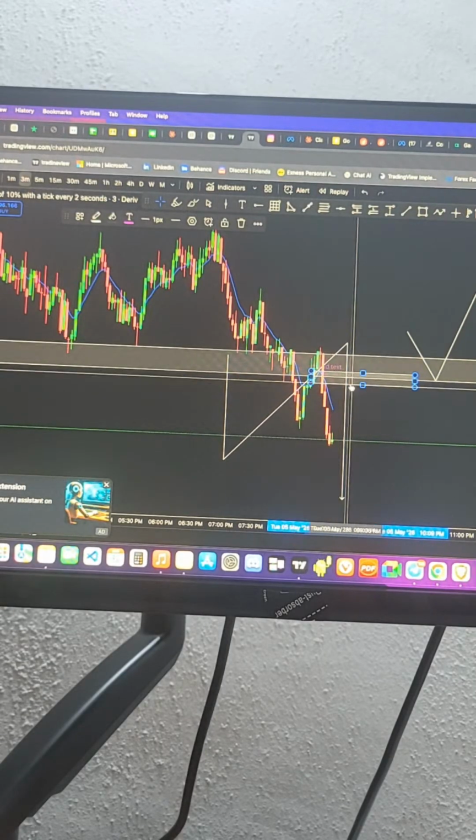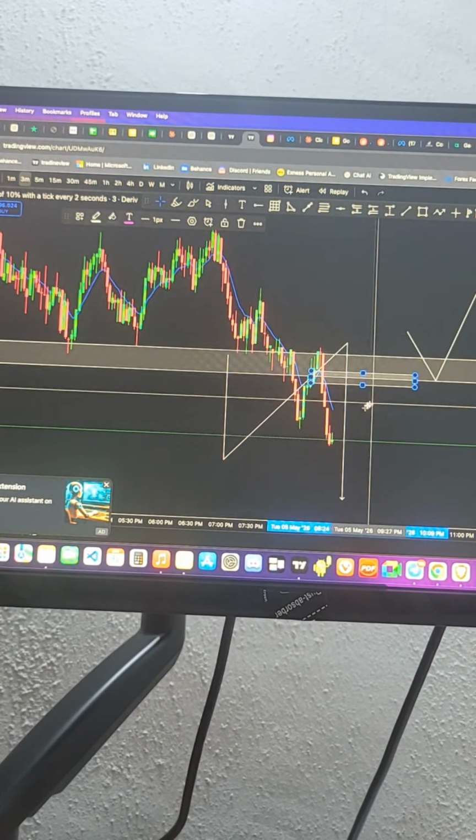So if price pulls back a bit, I'll be looking for an entry from around there.